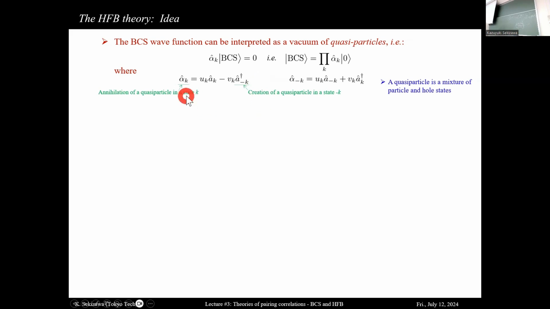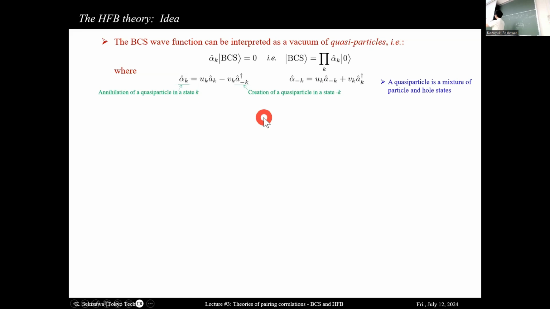Be careful that this quasi-particle annihilation operator with index k contains the annihilation operator a_k and the creation operator a_-k†. It is because the annihilation of state k can be related to the creation of minus k.